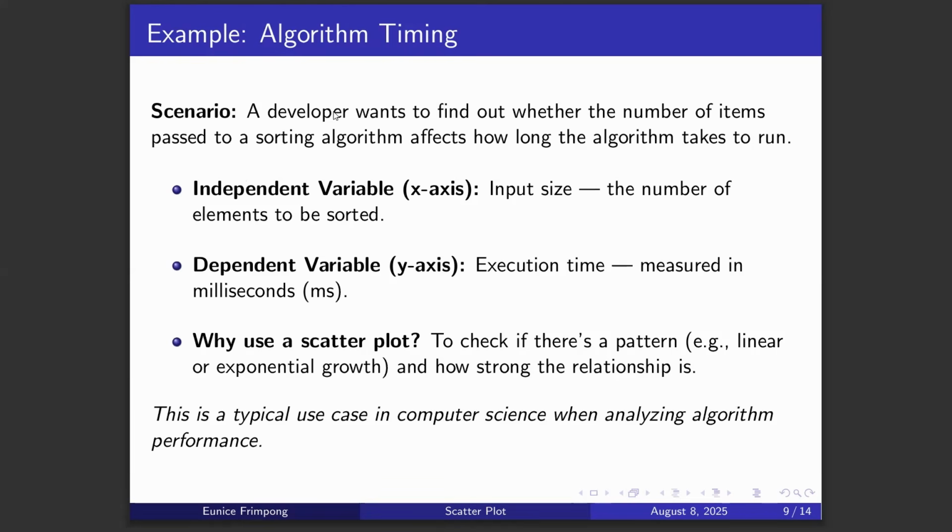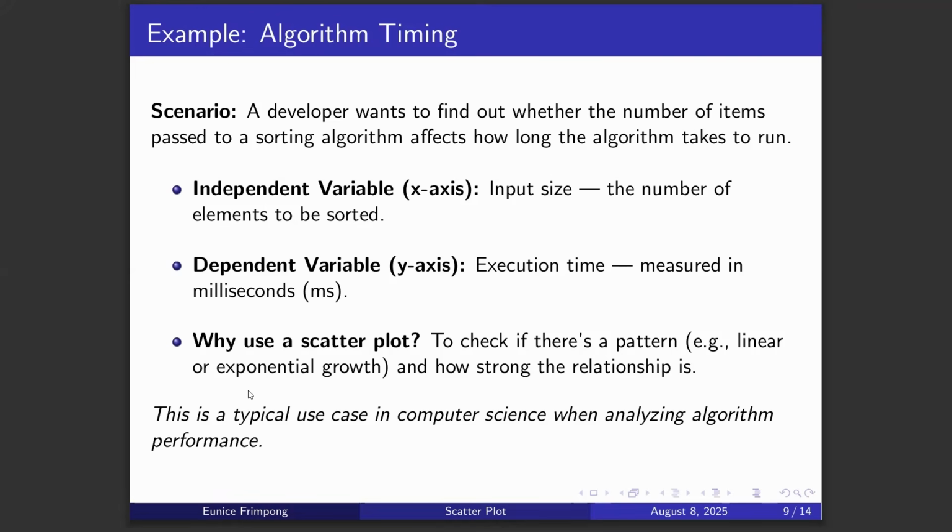So in this case, what depends on the other? How long the algorithm takes to run depends on the number of items passed to the sorting algorithm. So the dependent variable is the execution time, and the independent variable, the one you can control, is the input size, which is the number of elements you pass to the sorting algorithm.